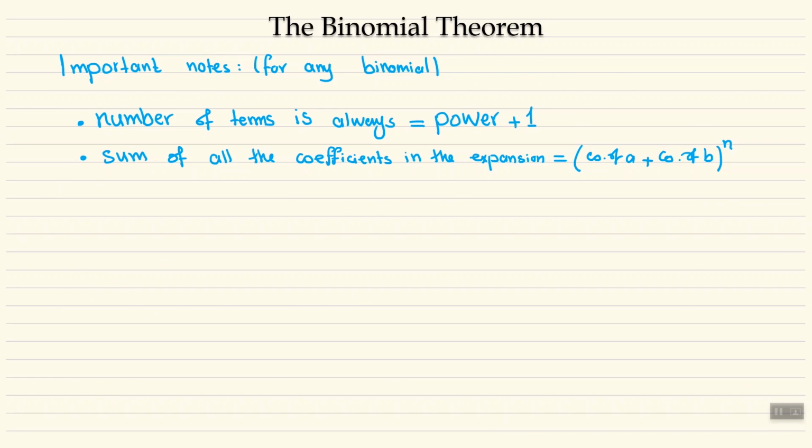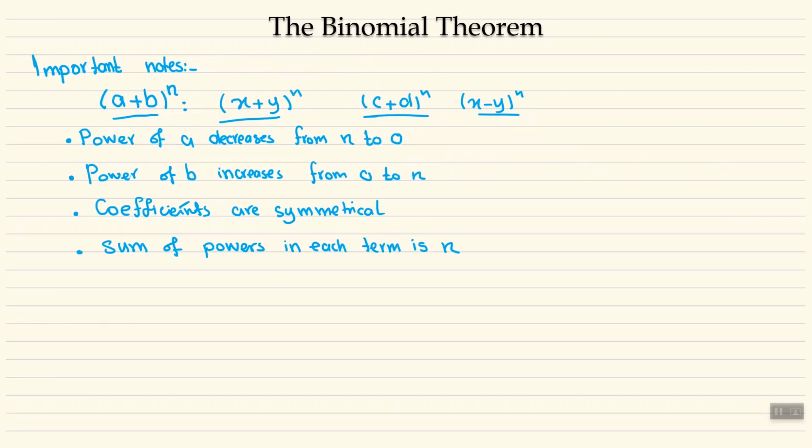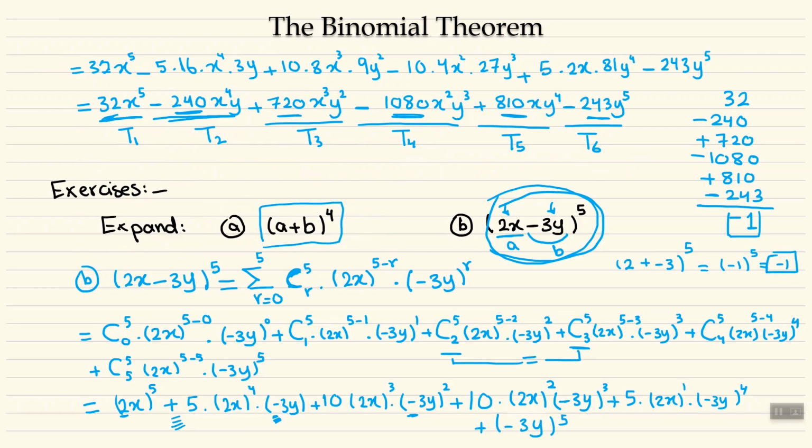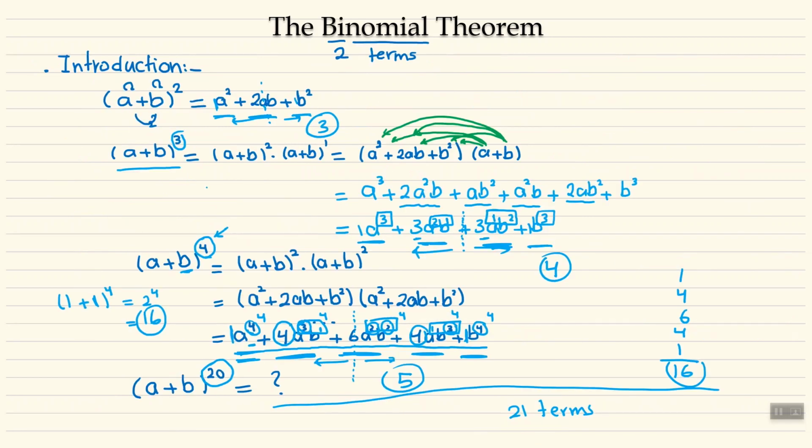Okay. Another important note, number 3, is regarding the middle term or terms. Look at this, guys. In this expansion, the power was 2, and we got one middle term.